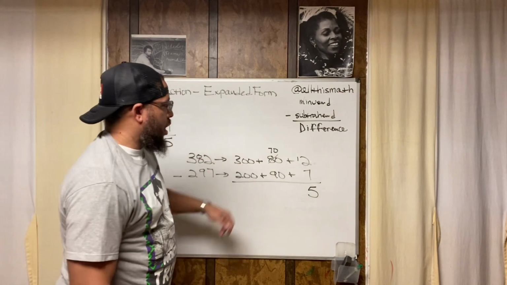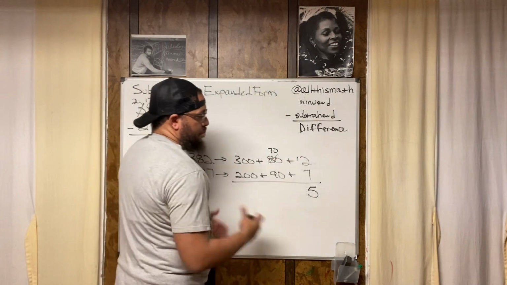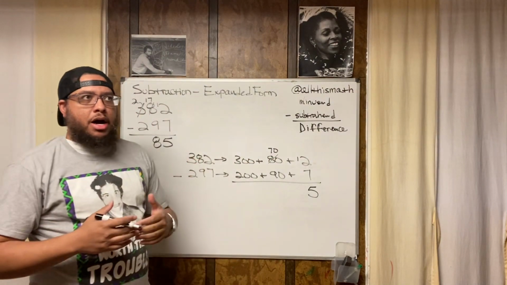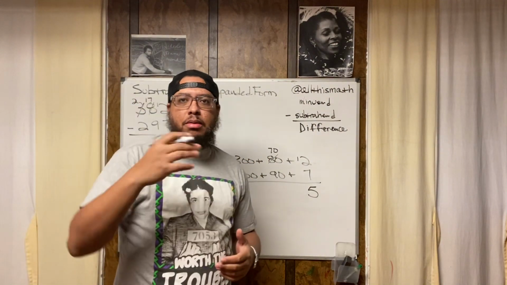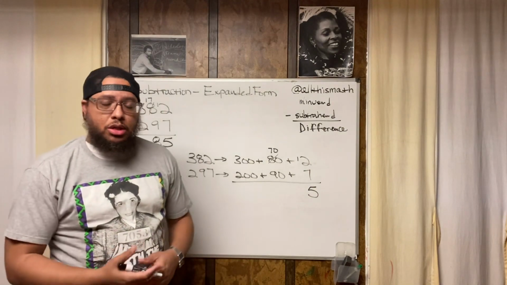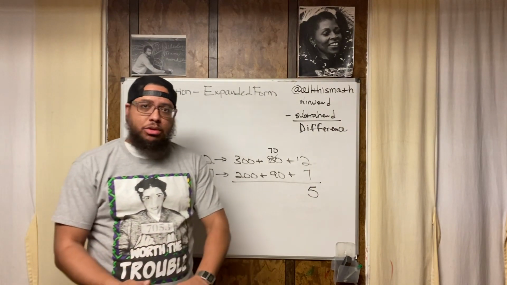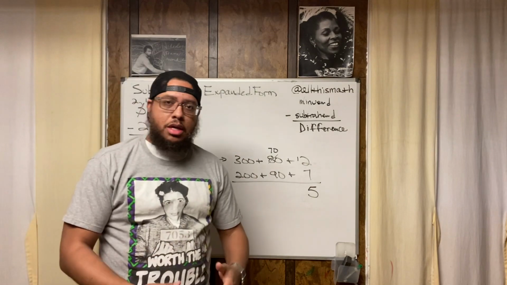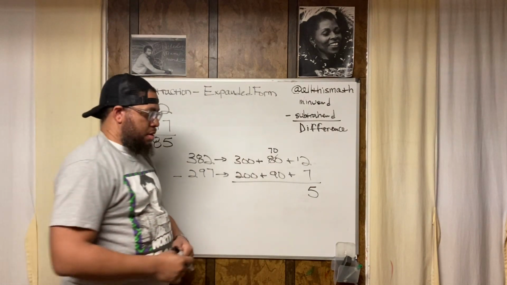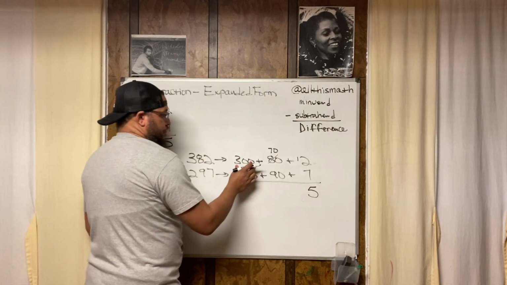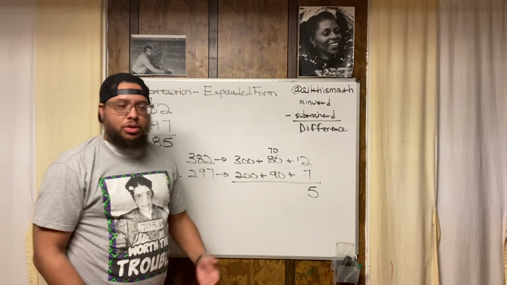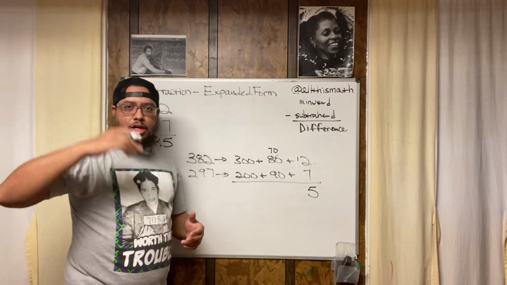So I got to borrow 100. And again, I'm borrowing according to base 10. So I'm borrowing tens, hundreds, thousands, 10,000s, 100,000s. Those are the numbers I'm borrowing. All right. So from the 300, I'm not going to borrow like 50 or like 40 or like 128.